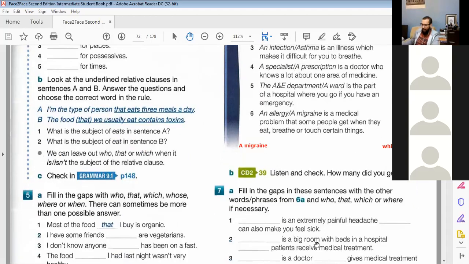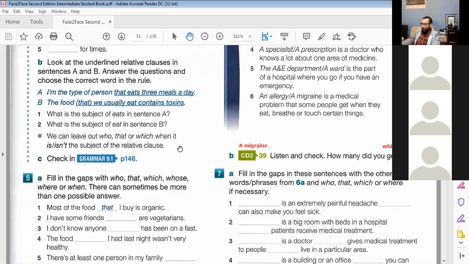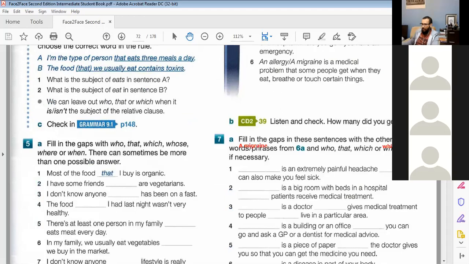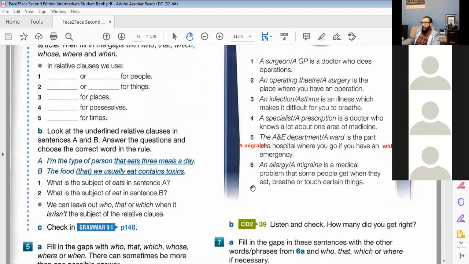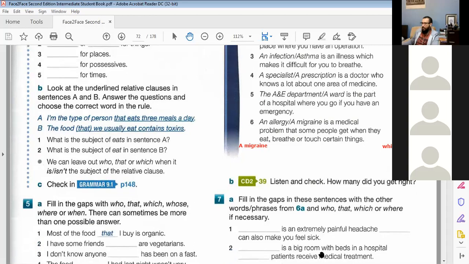Let's read it again. So it's a big room with beds in a hospital. Is it the A and E? The A and E is for emergencies, but I think the one they're talking about in number two is not for emergencies. You can guess.